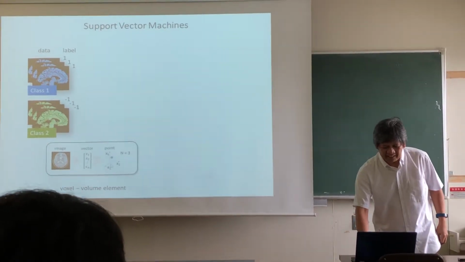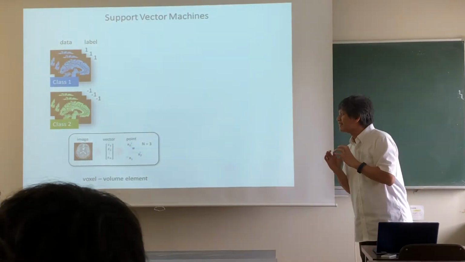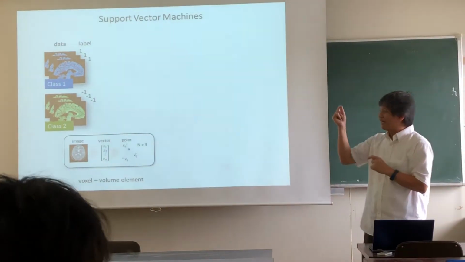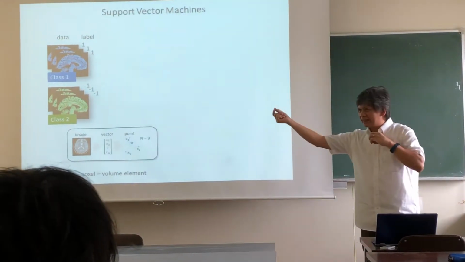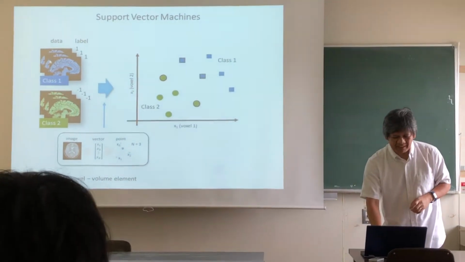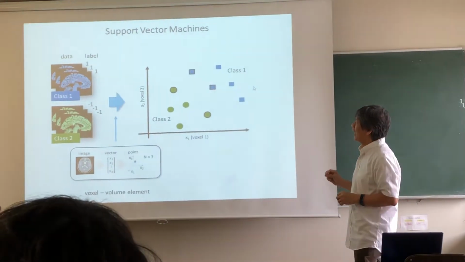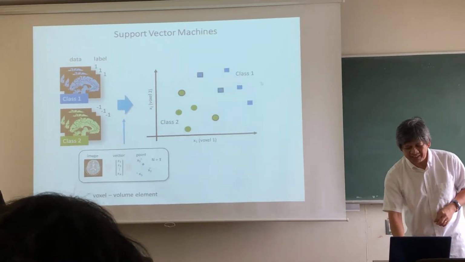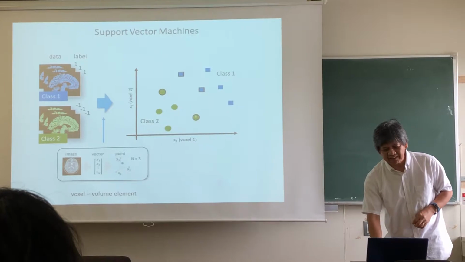And then that particular image, if you look at it in the vector space, say for example, in a 3-dimensional space, corresponds to one point in that space. So one image is one point in the vector space. Therefore, this set of images are just points in your hyperdimensional space. So maybe class 1 will be located here, and class 2 will be located here.